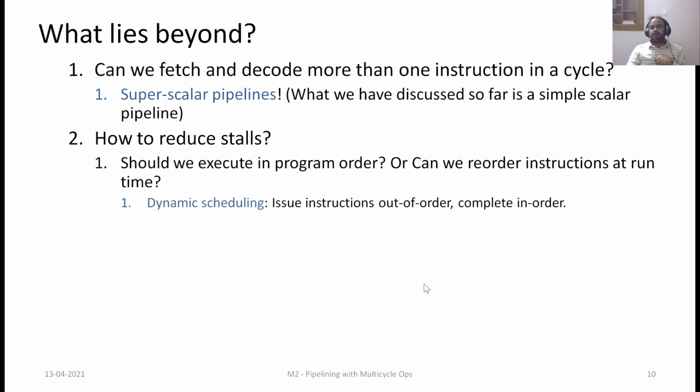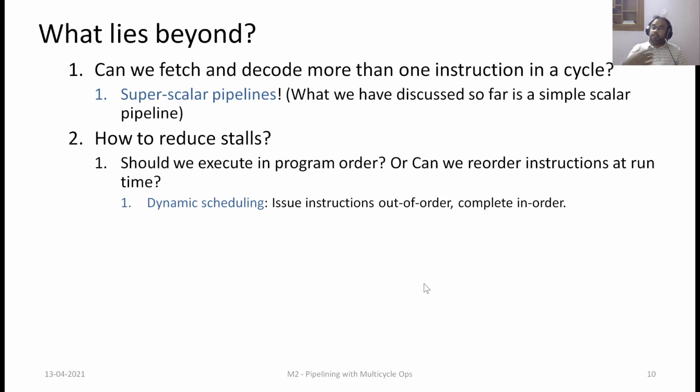What we have is called dynamic scheduling of the pipelines. Here the instructions will look for all possible dependencies, and whichever instruction does not have any dependency will be allowed to proceed.